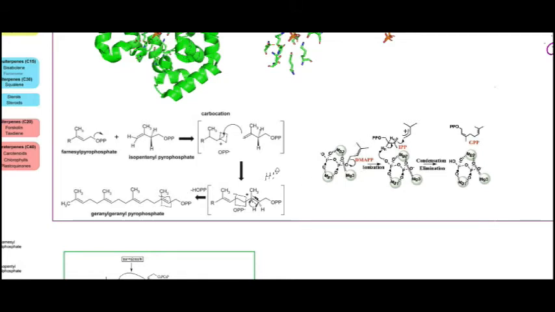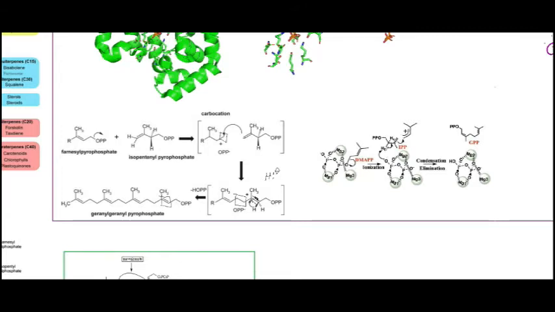And we can look at it over here that this pyrophosphate is coordinated with magnesium. This is very common for these phosphates to be neutralized by magnesium. We see that our pyrophosphate is coming off, which is forming this carbocation here.